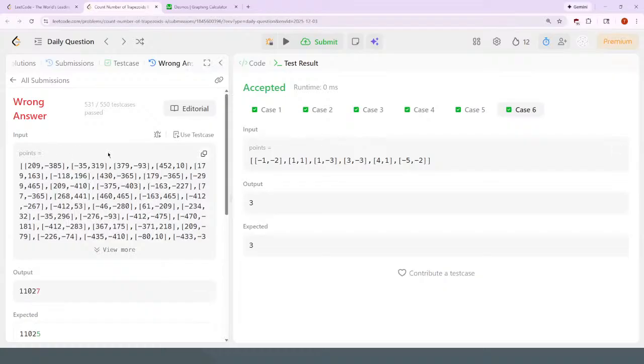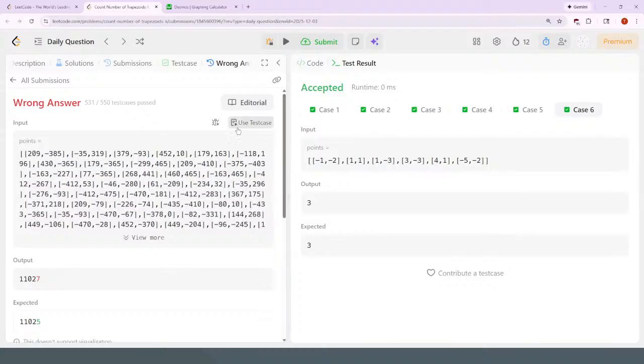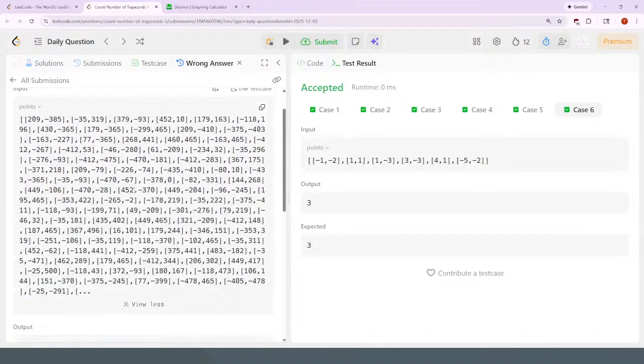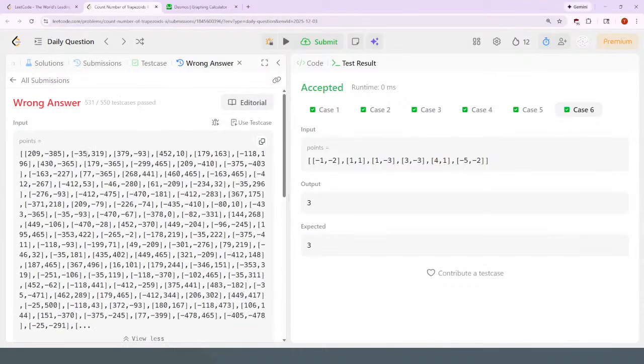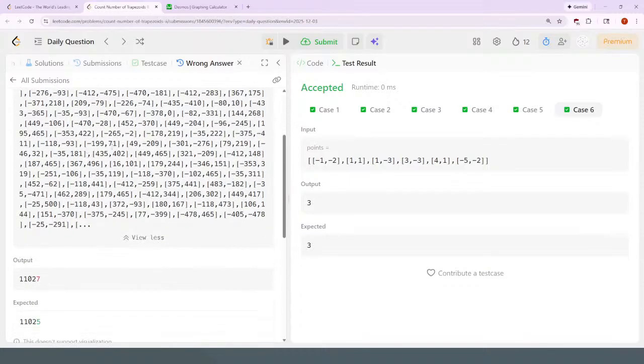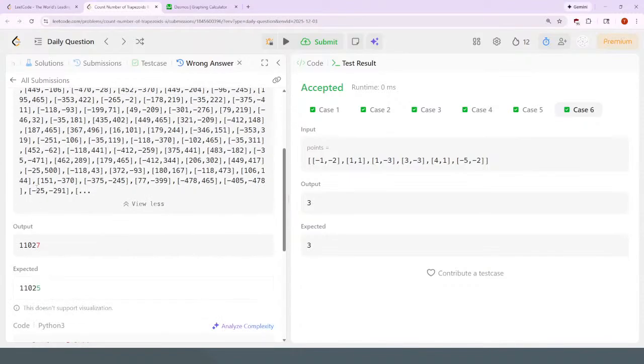Alright. Just 19 test cases. Oh my god. This case is so huge. I'm not going to be able to determine this.